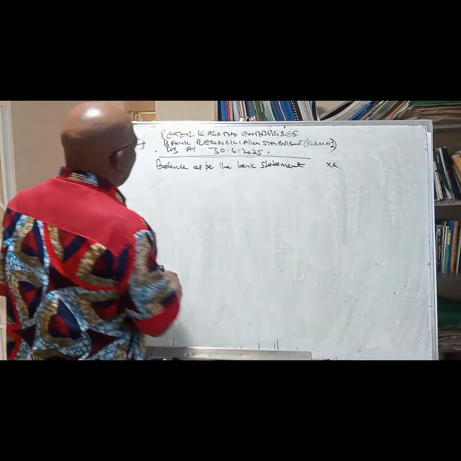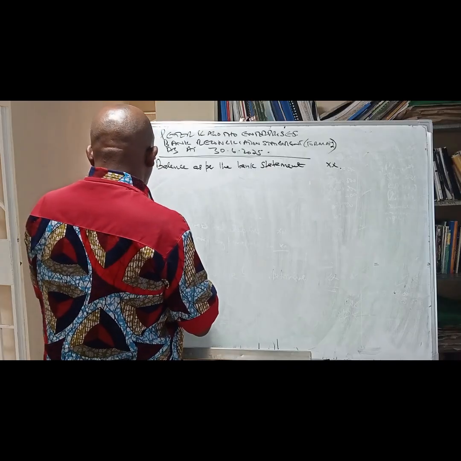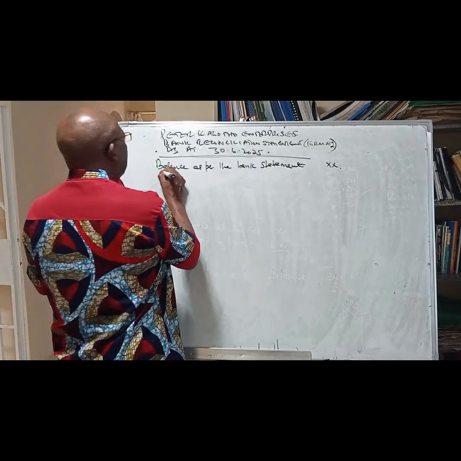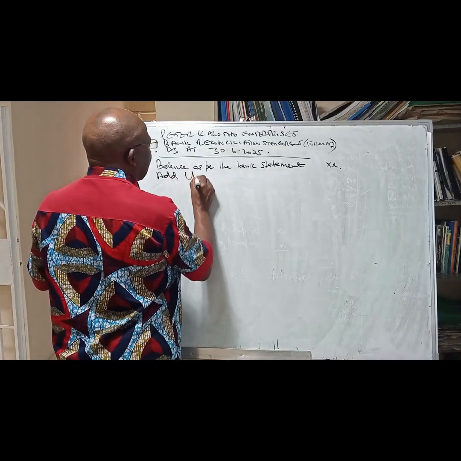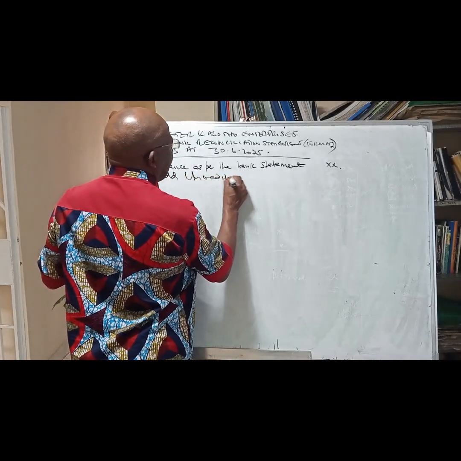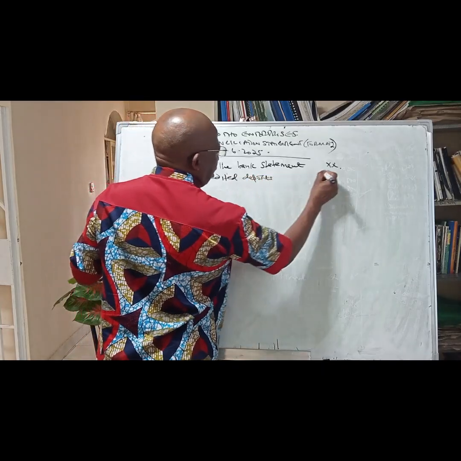So we are saying balance as per the bank statement, you add what we have not added, you add uncredited deposits.